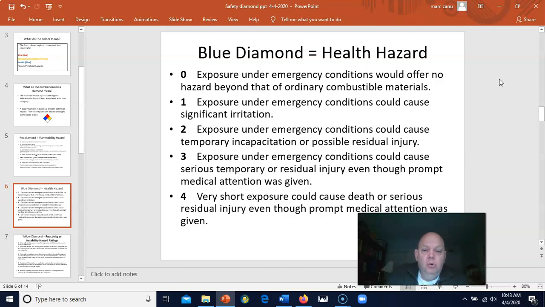Okay. So when you look at level 3, exposure under emergency conditions could cause serious temporary or residual injury, even though prompt medical attention was given. So again, you can have a temporary or residual injury.